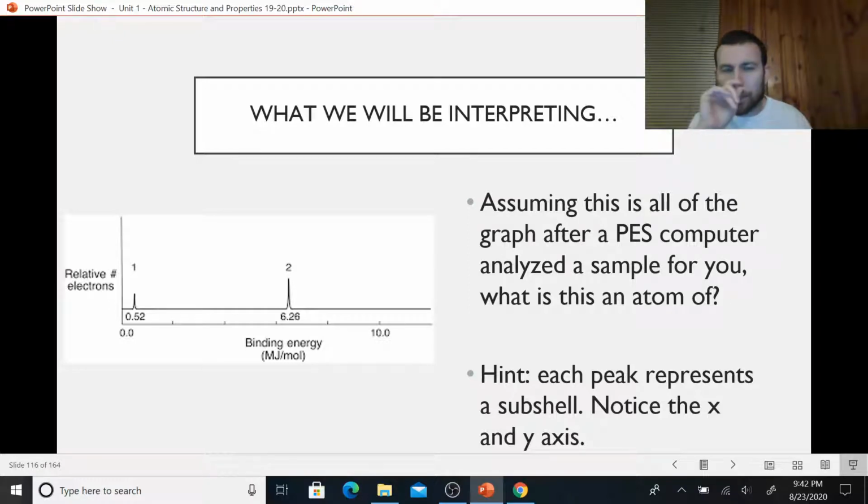Now, as we look at this particular diagram, I want you to notice, again, the axes are the same. The x-axis is showing us the binding energy in megajoules per mole, and the y-axis is our relative number of electrons.